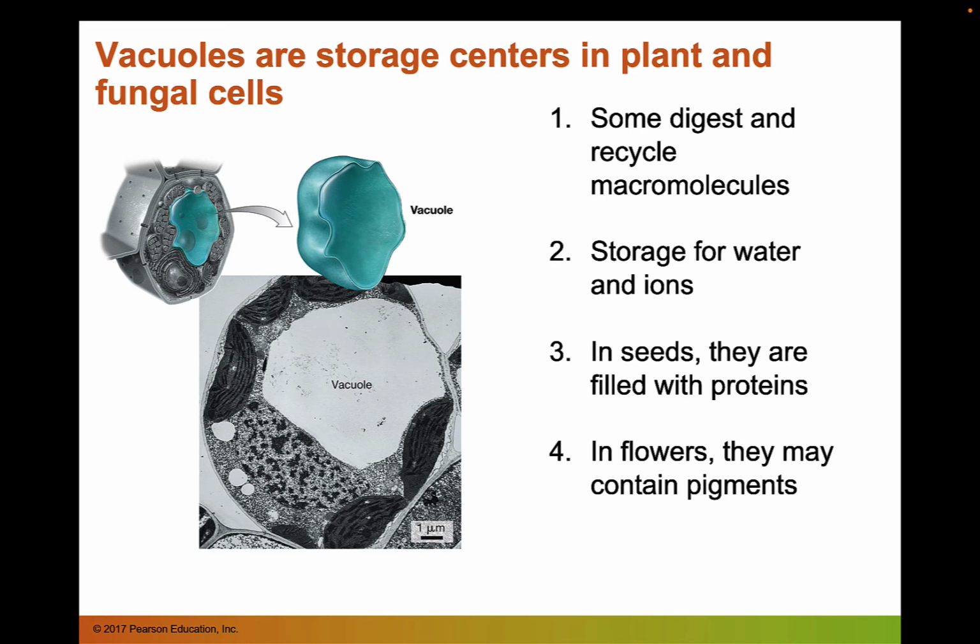So in plants, a lot of water is stored in a central vacuole and then used for photosynthesis and transported elsewhere in the plant. And in seeds, the vacuoles are also filled with proteins. And in flowers, they may also contain pigments. So these vacuoles can be specialized at different parts of development of a plant.